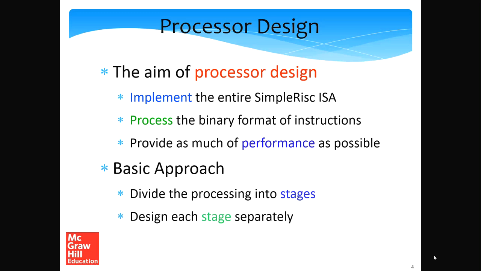So let's take a look at processor design. The aim is to design a processor with transistors and all the logic gates that we have learned, and also using all the digital elements that we have learned in chapter 6. The main aim is to implement the entire simple RISC ISA. We will get the instructions in a 32-bit binary format, and we need to provide as much performance as possible, where performance is defined as the inverse of the execution time of a program.